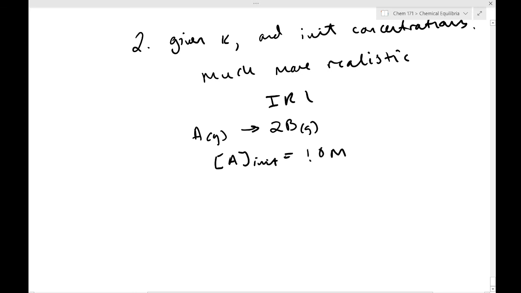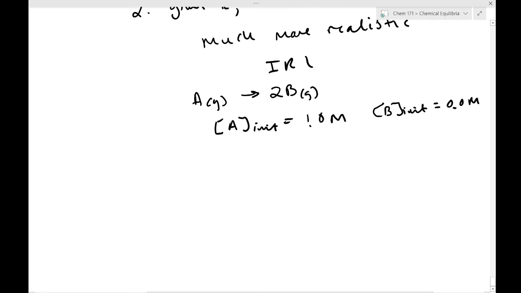The initial concentration of B is equal to 0.0 molar. At the initial point, Q is equal to 0. So the reaction must proceed to the right. Okay, so the reaction must proceed towards the products.